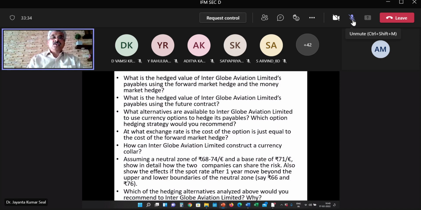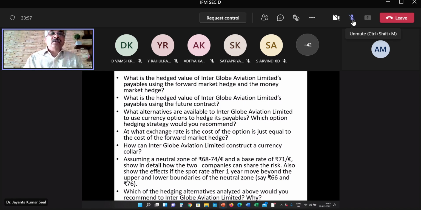So out of these two, whichever is cheaper, you will accept. In an ideal condition, the value of forward market hedge and money market hedge will be the same. In this problem, the forward market hedge is cheaper than the money market hedge, so we'll accept the forward contract.